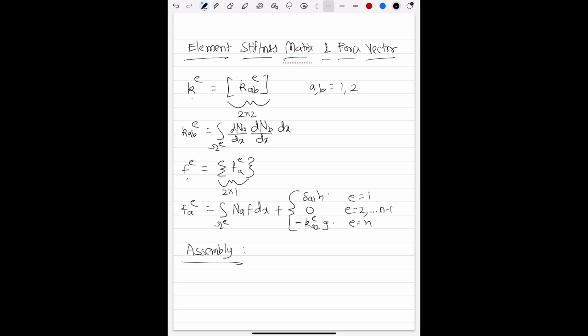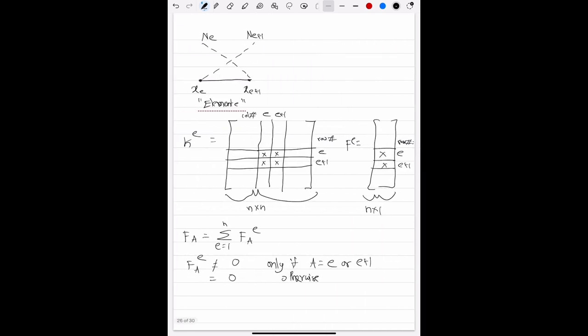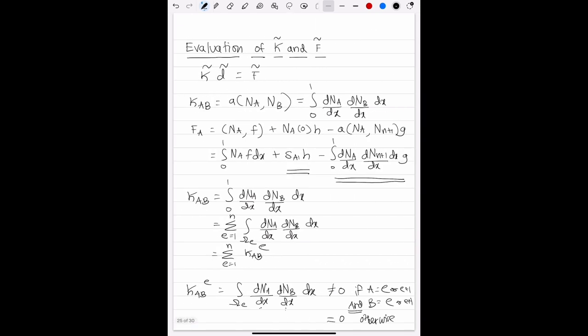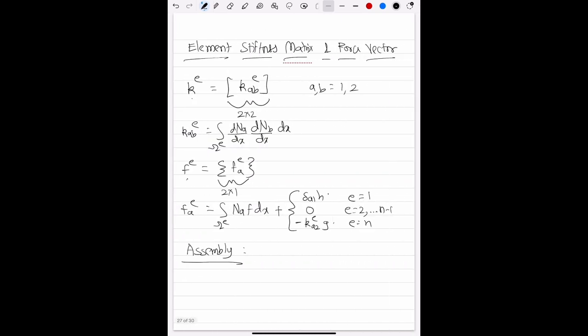So we know that this 2 by 2 element stiffness matrix is going to enter into row numbers E and E plus 1 and columns E and E plus 1 to form capital K^e, which is the contribution of element E to the global stiffness matrix. And the global stiffness matrix in turn is the summation of all of these K^e over all the elements by this relation over here.